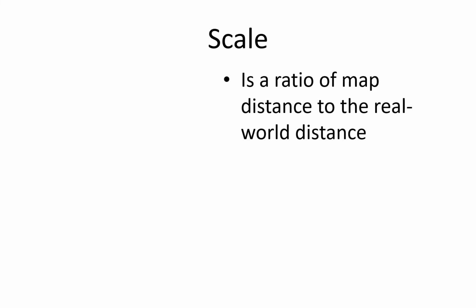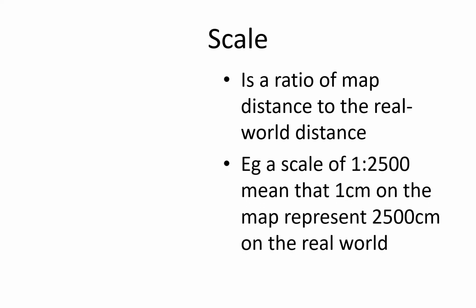We'll go ahead and look at the scale. Because we are representing real world features on a map or a piece of paper, we need to know the scaling of that map, how much it represents in real world terms. The scale is a ratio of a map distance to the real world distance.